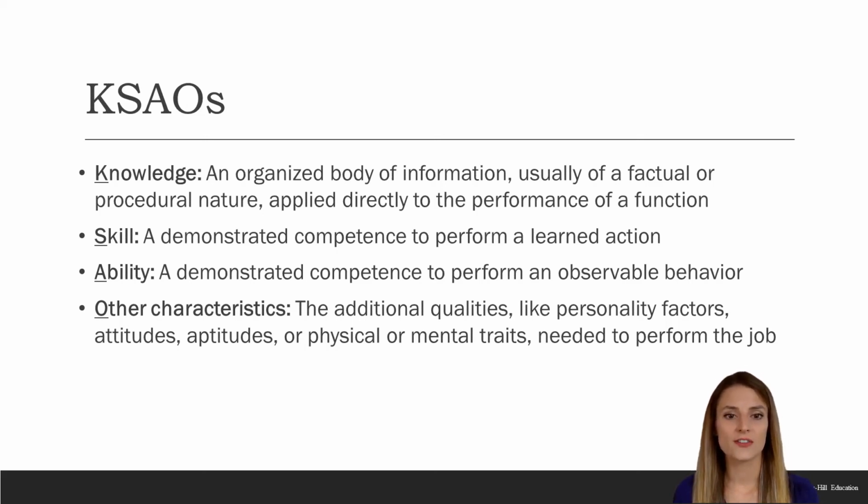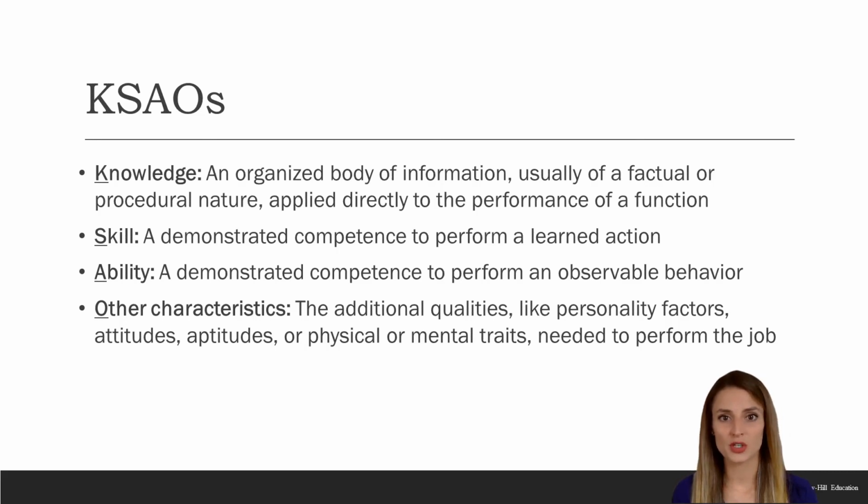A skill is defined as a competence, a set of behaviors that you do well again and again across situations. An ability is a competence to perform some observable behavior. We also think about abilities as more permanent behaviors.